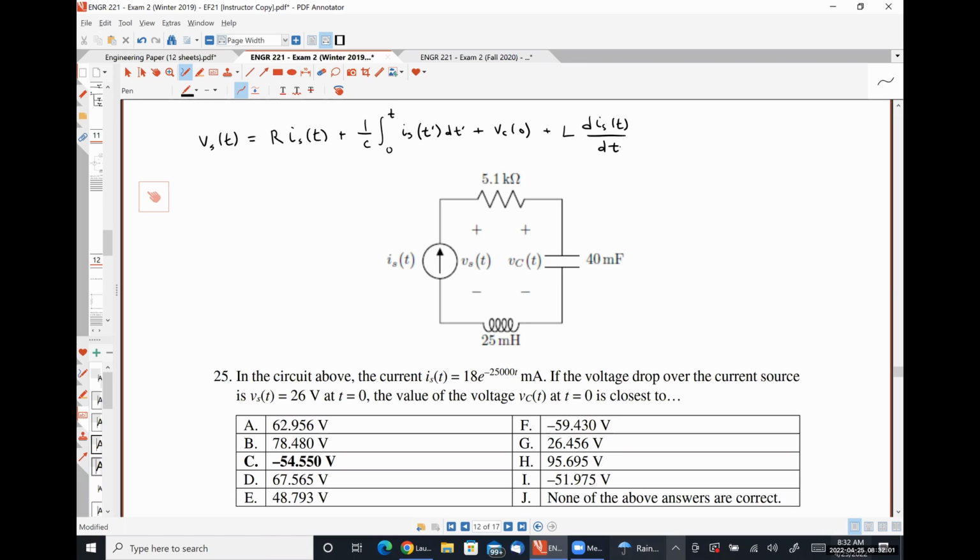So we are specifically interested. Another thing that I can write here, actually, let's do this. Vs of 0 is going to be equal to R times Is of 0 plus VC of 0 plus L dIs by dt evaluated at t is equal to 0.